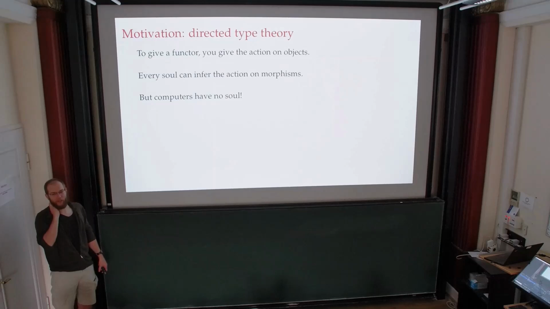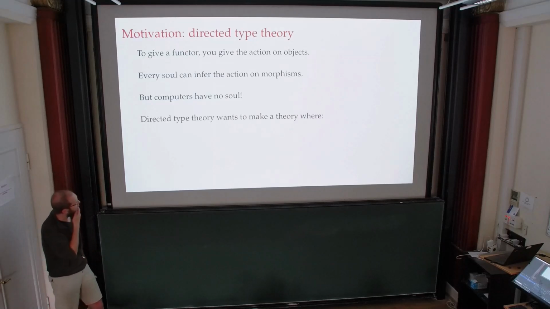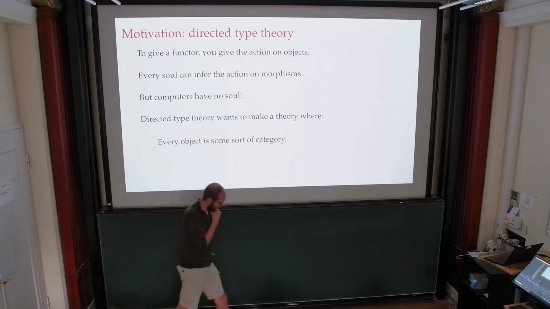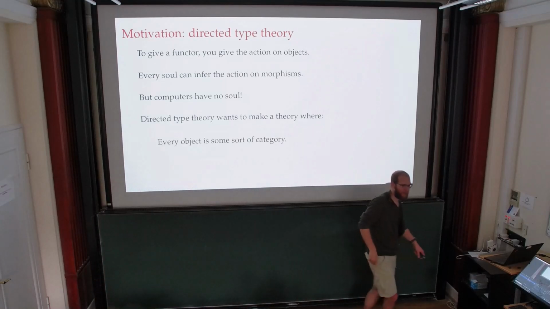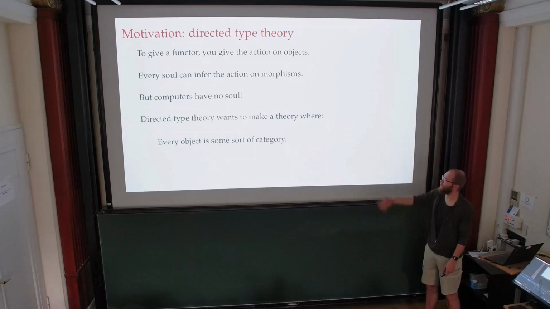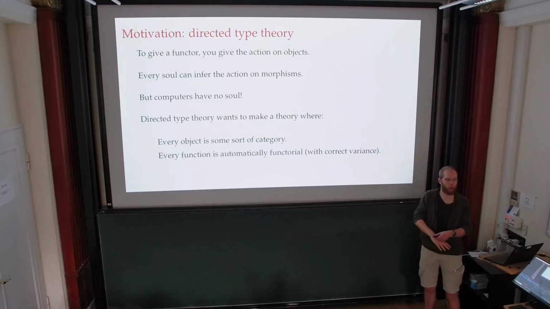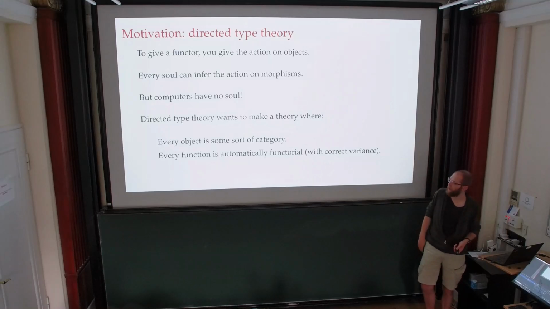But computers don't have a mathematician. So directed type theory wants to make a theory where you just specify what the functor does, where every object is some sort of category, and where every function is automatically functorial with the correct variance. So some functions will be covariant, some functions will be contravariant.